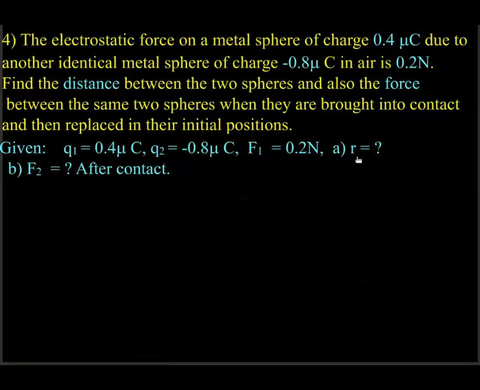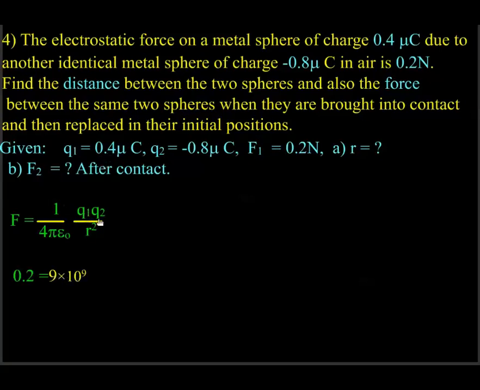First let us calculate the distance between them so that the force is 0.2. According to Coulomb's inverse square law, F is equal to 1 over 4 pi epsilon naught q1 q2 by r square. F1 is 0.2, and 1 over 4 pi epsilon naught is 9 into 10 to the power of 9.